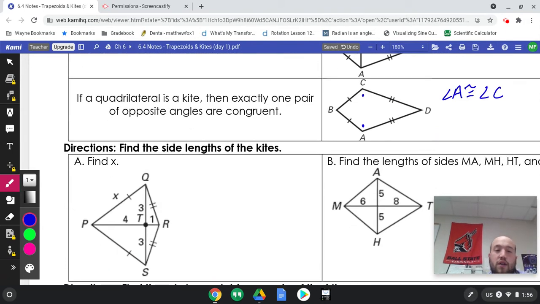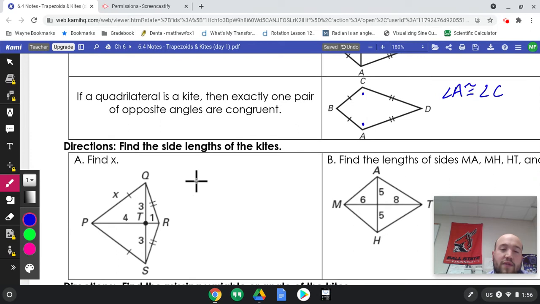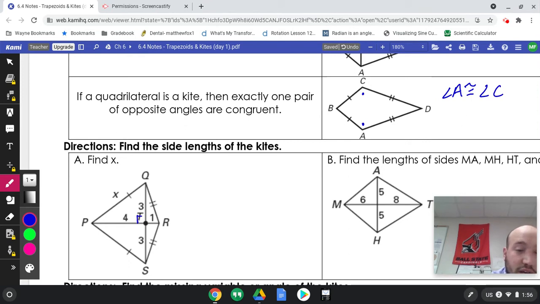So if we look here, it says we need to find X. So if we look over here, X is this missing side between Q and P. And if we think about it, if this is a kite, which we see it is, then we know that this is a right angle formed by the diagonal. So we have a triangle here, a right triangle. We don't know what X is. We know this is 4.